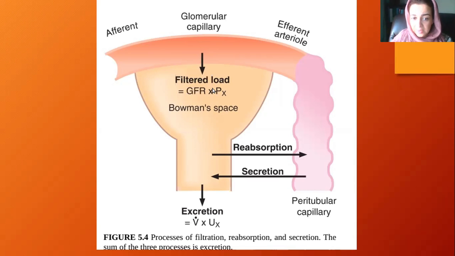The filtered load will be greater, excretion will be less. If that substance is not reabsorbed, but along the travel through the nephron, a little more of that substance is secreted into the filtrate, then obviously the excretion rate will be more as compared to the filtration rate for that particular substance.